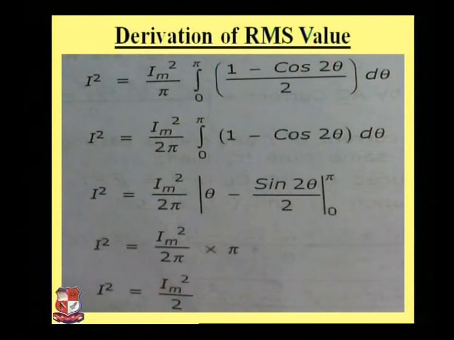So ultimately the pi cancels out, and we get I square equals Im square by 2. If you want only I, then I equals Im by root 2.